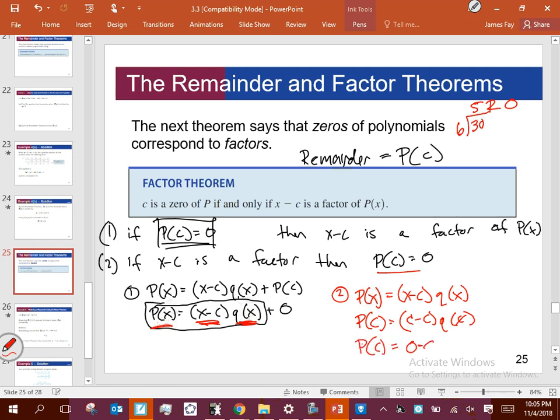So we get 0 times Q of x, so P of C is equal to 0. So if x minus C is a factor, which is our given, then P of C equals 0. Does that happen? If I evaluate at C, do I get 0? Yes, I do.